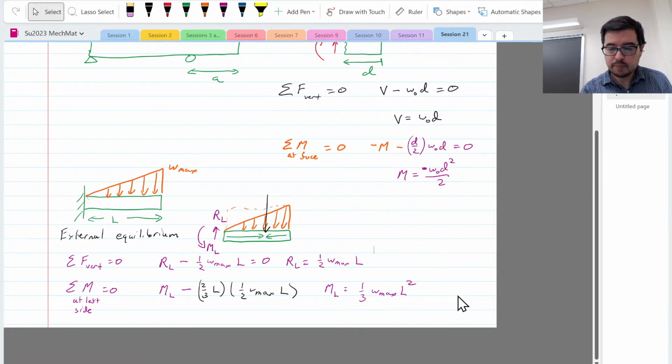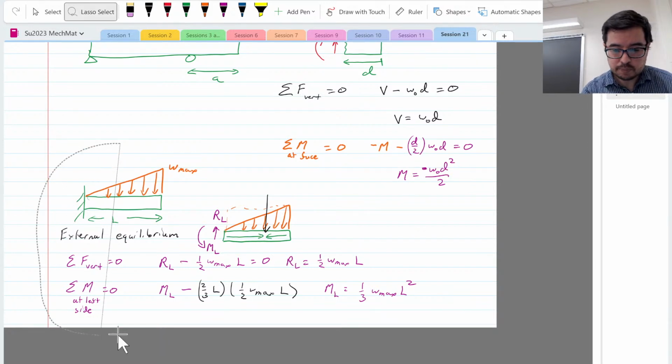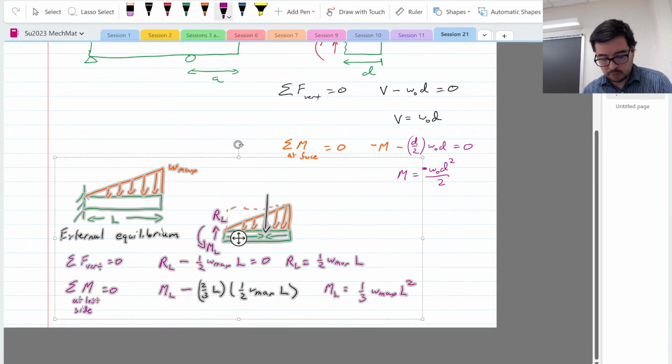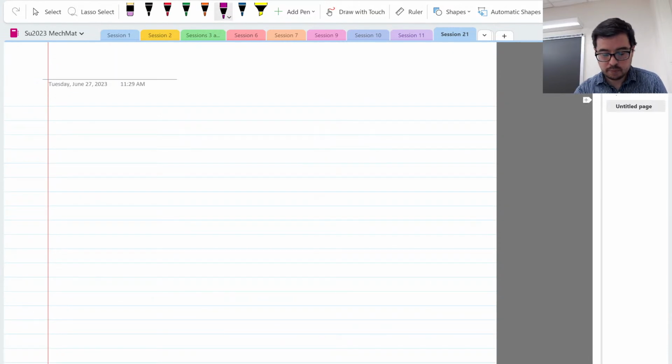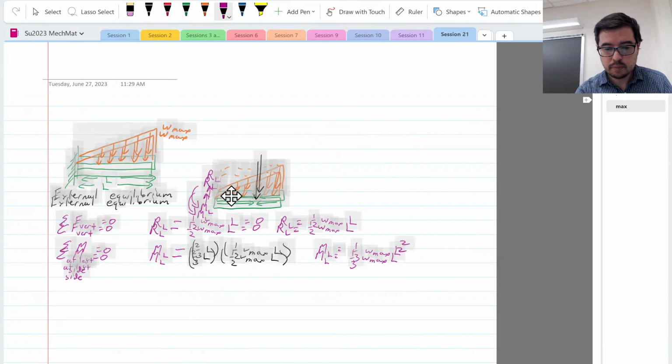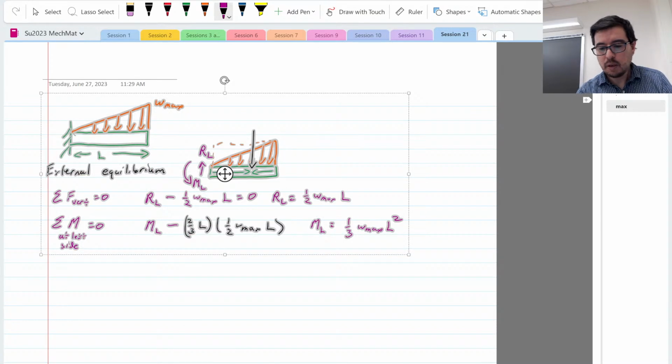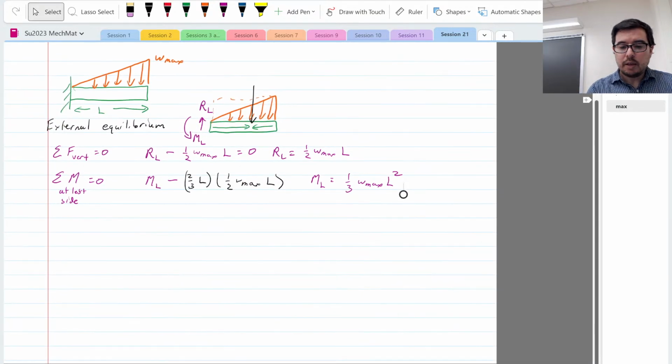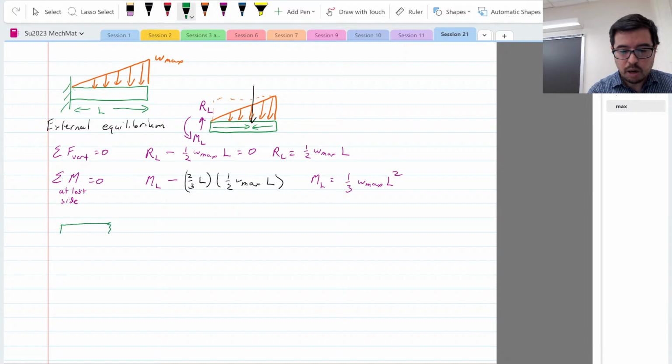What am I doing? Okay. So we've got to take a cut, right? So if we take a cut, probably easier to do it this way.